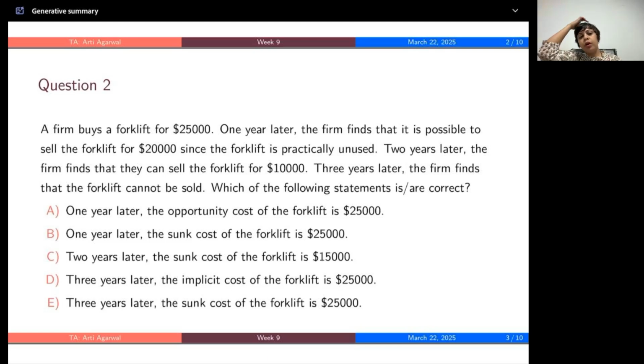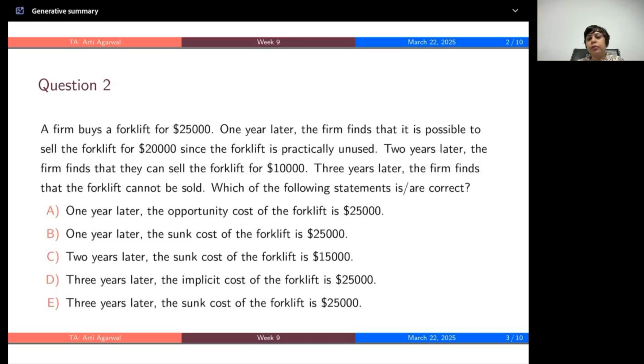So what will be the opportunity cost of the forklift after 1 year? The cost is basically equated to the earnings from the next best alternative, right? You have two options. Either you can keep the forklift, or you can sell the forklift and pocket $20,000.